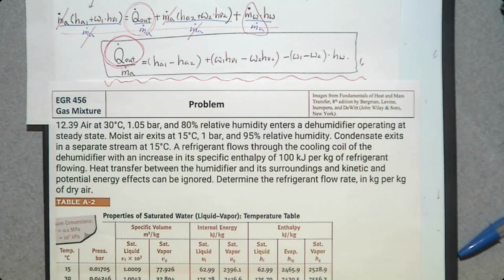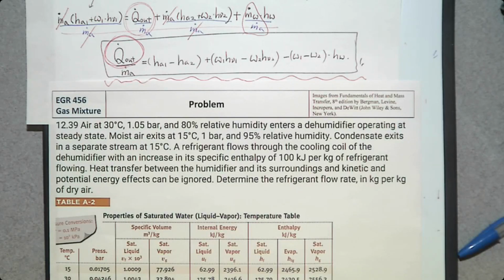That means we need 2 kilograms per second, right? So if you want to determine the mass flow rate of the refrigerant, you can determine the heat transfer rate from the dehumidifier to the outside and divide by the enthalpy increase of the refrigerant. So that's how we are going to solve this problem. Okay?